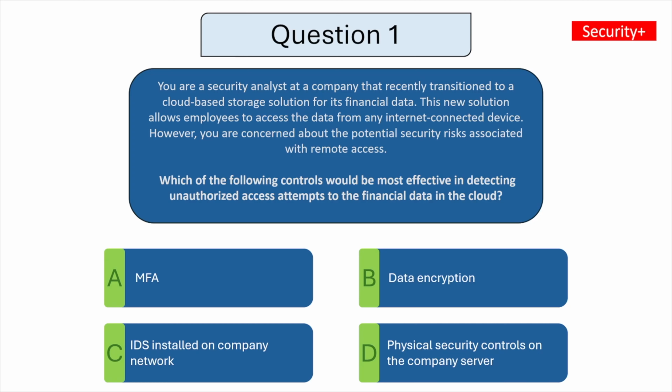The only thing about the wording of this question is that it says financial data in the cloud, and this answer specifically says IDS installed on company network. So that's my only hesitation on this one. However, out of all of them, C is going to be the best option. So I'm going to go with C.